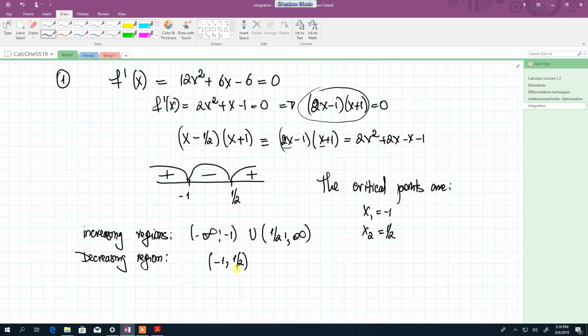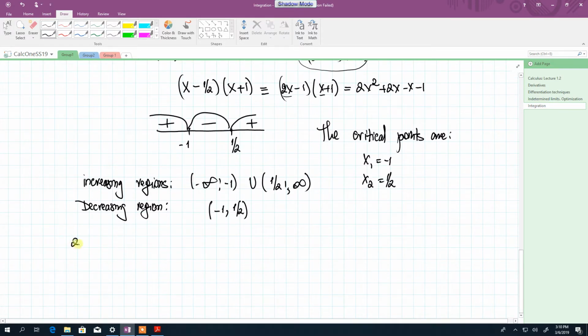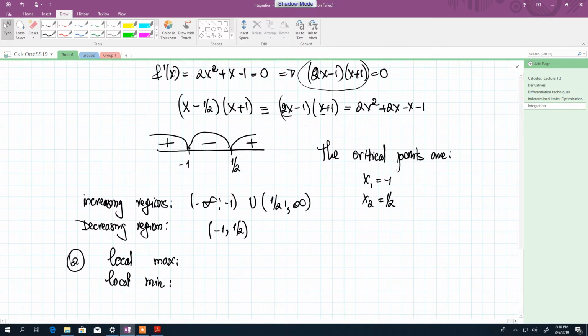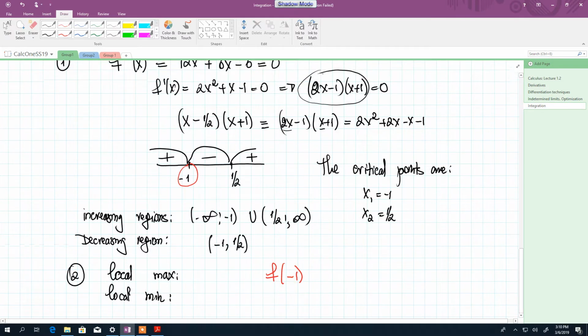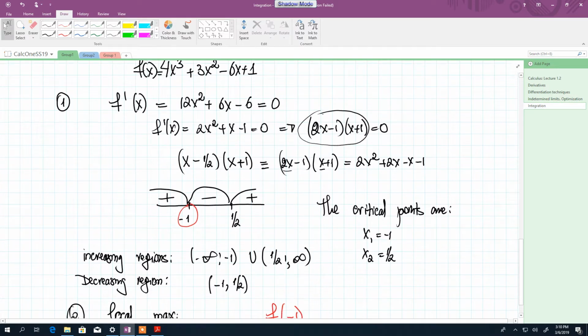Now, in the second question, we needed to find the local maximum and local minimum, right? We don't know yet what the local maximum or local minimum is, but we know that at the point minus 1, the function attains its local maximum. So the local maximum should be f of minus 1. Do you remember what f was? It was 4x cubed plus 3x squared minus 6x plus 1.